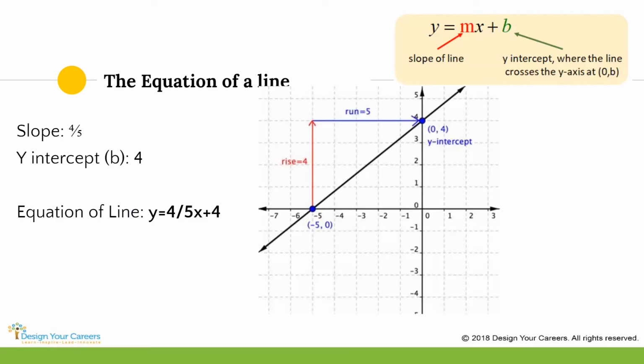Now, if you were given a graph and asked to write the equation of a line, you're given all the points that you need, right? You know the slope, you know the y-intercept, so it's just a matter of putting it all together. So again, right up here, we have the equation of our line, y is equal to mx plus b, correct? m is the slope of the line, and the y-intercept is where the line crosses the y-axis, 0, comma b, all right?